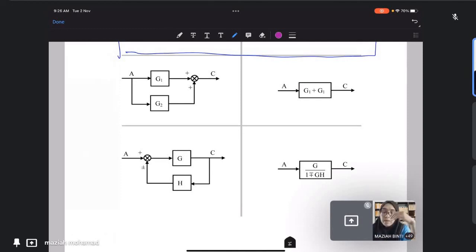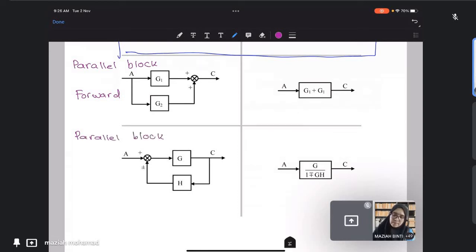Okay, all right, let's continue with rules number 4 and 5. Rule number 5 here is what we call parallel block. This one here is a forward parallel block. This one here is also a parallel block, but this one is feedback.